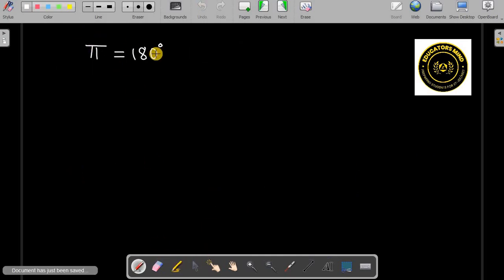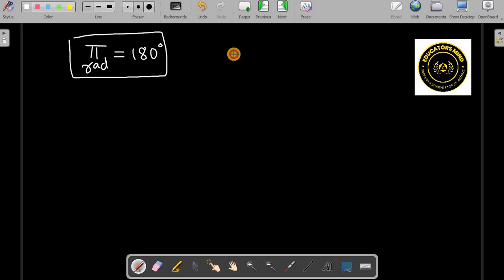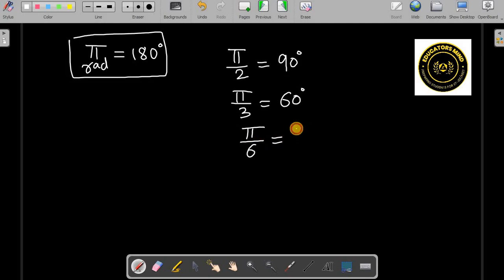So pi radian is equal to 180 degrees. Suppose you take pi by 2, that will become 90 degrees. Pi by 3, that will become 60 degrees. Pi by 6, it will become 30 degrees.